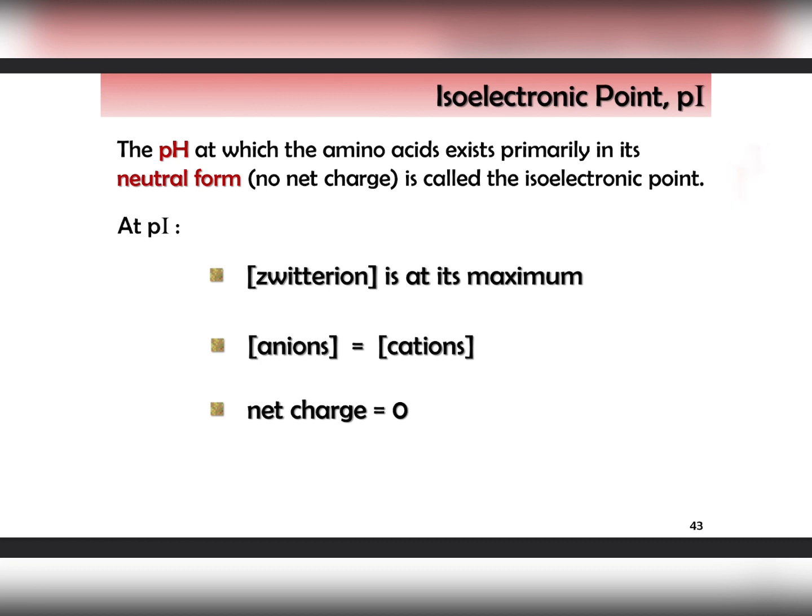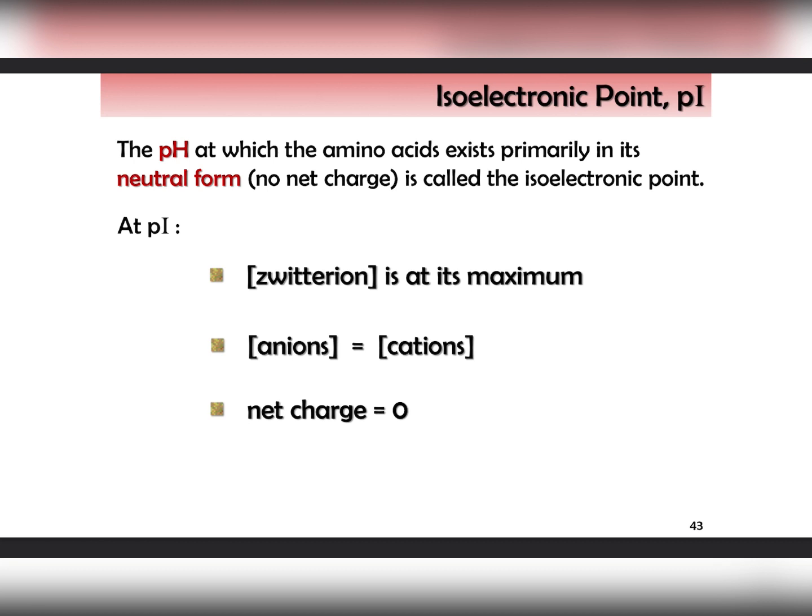It means the amino acid is in a neutral state. Neutral here does not mean the pH must be equal to 7. No, it depends on the amino acid. That is why we call it PI. It can be pH 5, or maybe pH 8, depending on the amino acid.